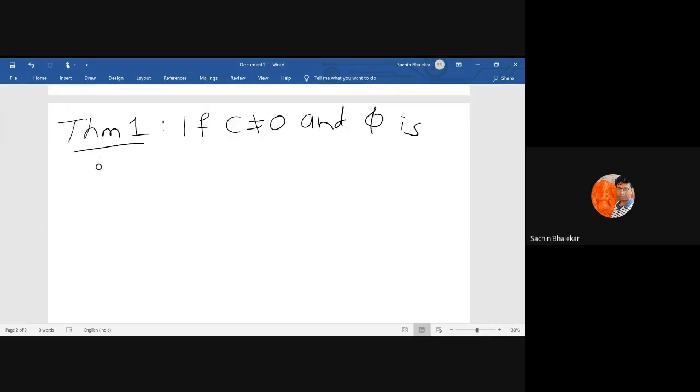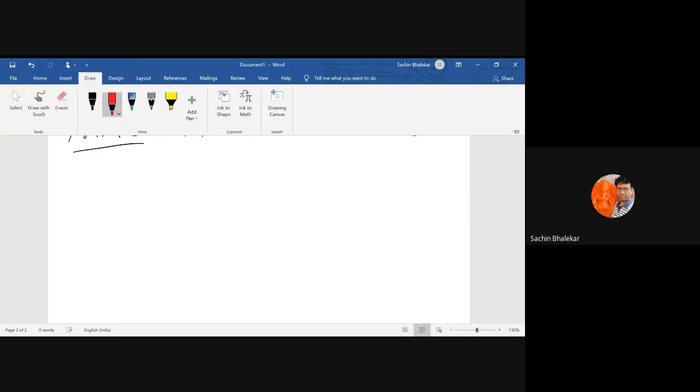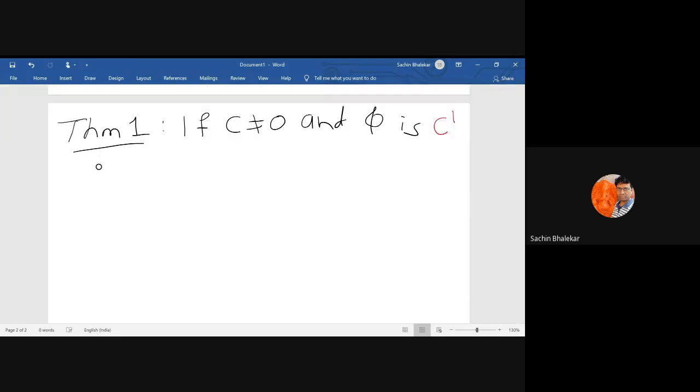Okay, this is an important thing. C1 means continuously differentiable. That means phi dot exists and phi dot is continuous.